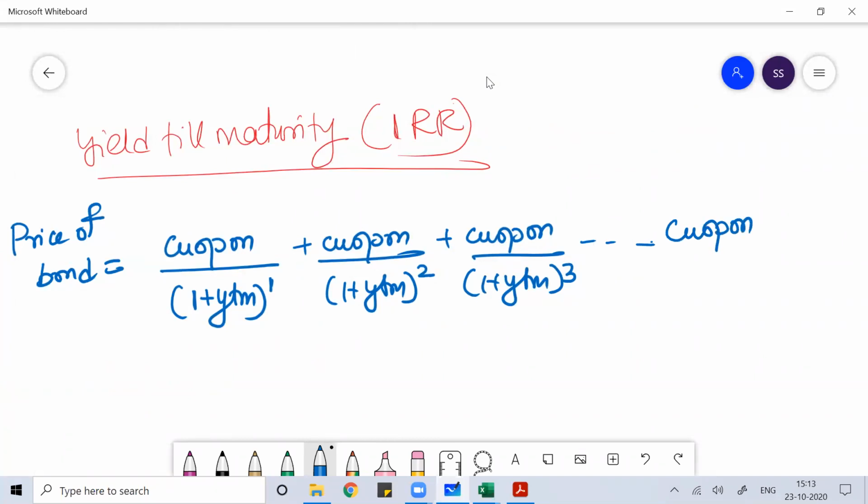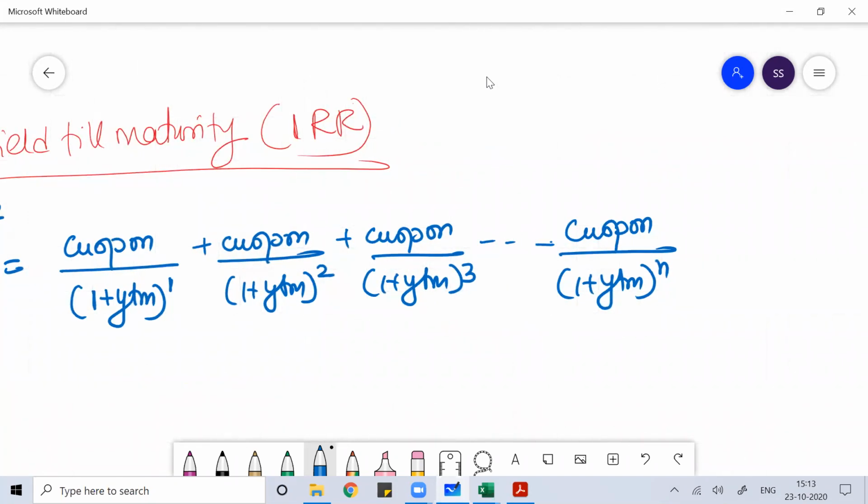Suppose the life of this debt instrument is n years; till n years you'll get the coupon. Find the present value of the coupons, plus at the end of maturity you'll get the face value or redemption value, divided by (1 plus YTM) to the power n.